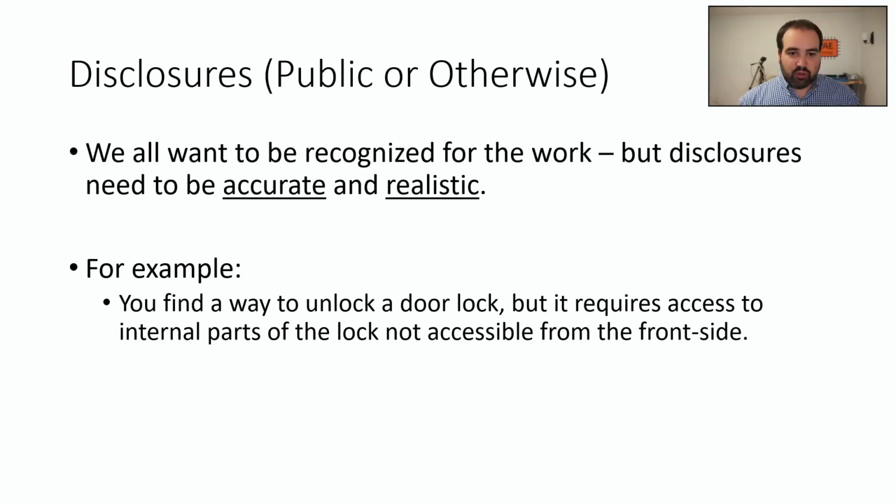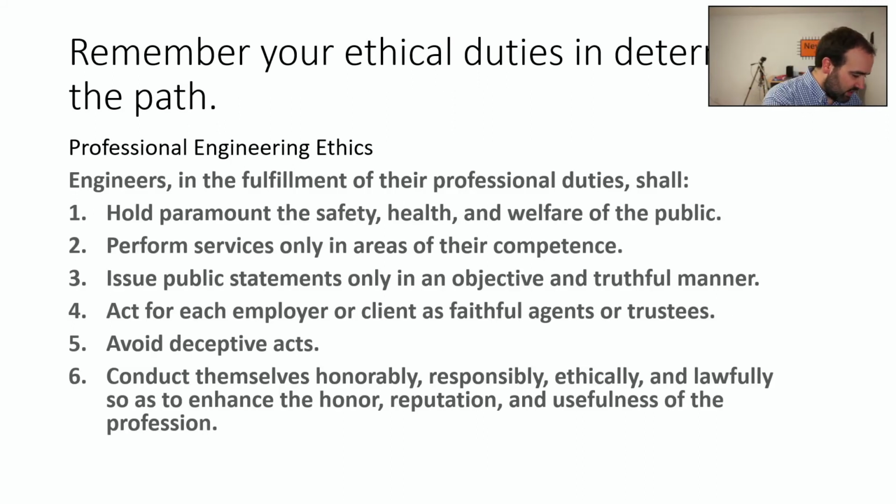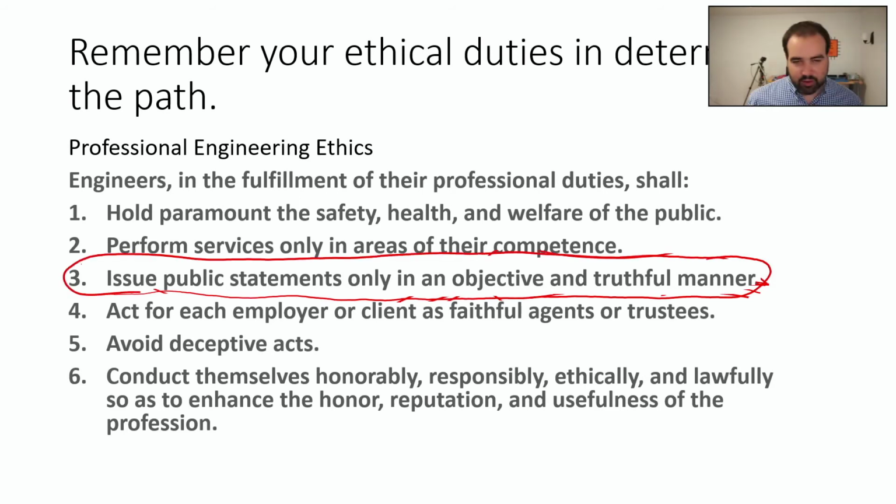The disclosures also need to be realistic and accurate. This really falls into the second point: if the disclosure is going to be public, and a paper is also a public statement, even if you don't consider that the same as going to the news, it is a similar public statement. So it should be objective and truthful.